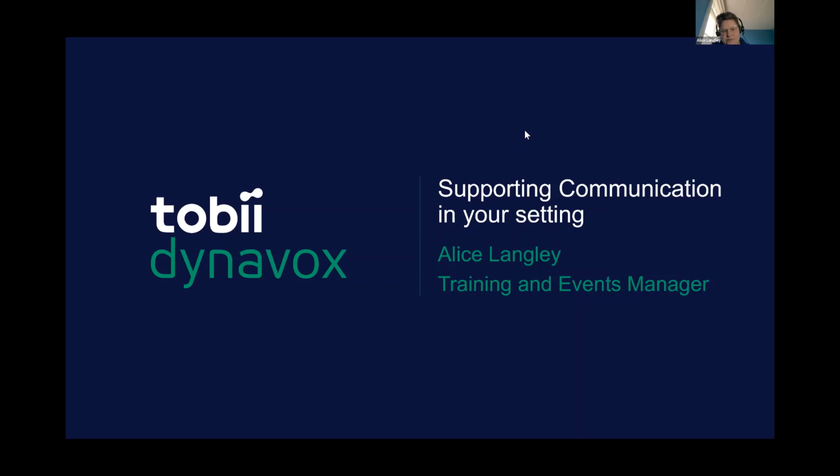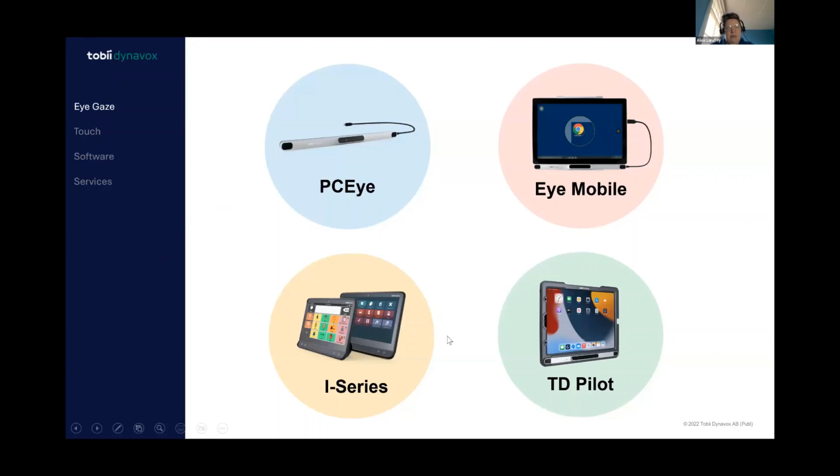Okay, so just to start off with, I want to briefly mention some of the hardware products that we provide. We have a range of different products to suit different needs, including different access needs. Some of you may or may not be aware of some of our products, but just to give you a brief introduction, we've got a range of eye gaze products.